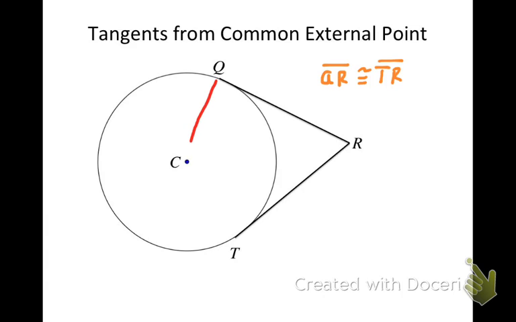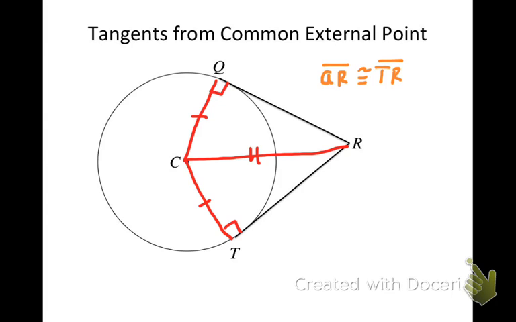If we use that property that a tangent is perpendicular to a radius, and we do that in two different places here, and then we connect this triangle, it would just be a true statement that these two right triangles are congruent to one another by HL, and so then this tangent and this tangent are corresponding parts of congruent triangles. It's very easy to realize that those two tangents have to be congruent to one another if they share an external point, if they intersect outside of the circle.